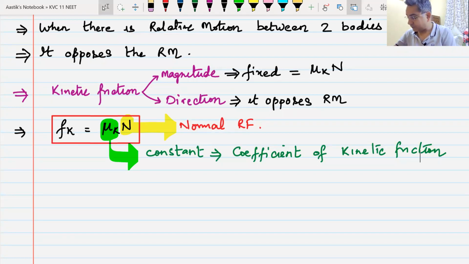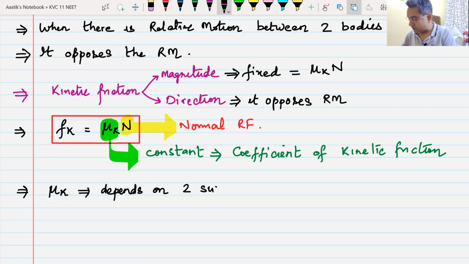So, mu k, the coefficient of kinetic friction, depends on the two surfaces which are in contact.